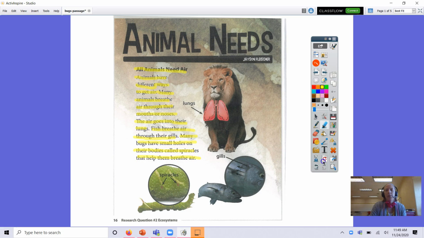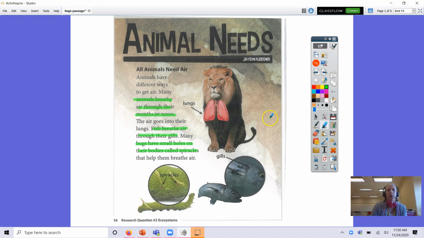Now, I'm going to think about what I read. One thing that I thought was very important is that many animals breathe air through their noses and mouths. I also felt that fish breathe air through their gills was important. And I also feel that bugs have small holes on their bodies called spiracles that help them breathe air was also important.